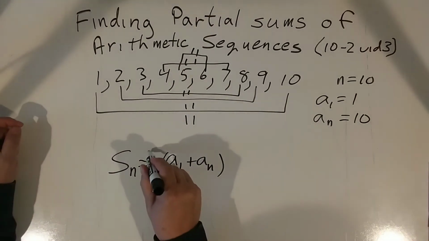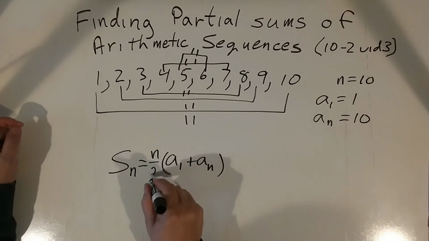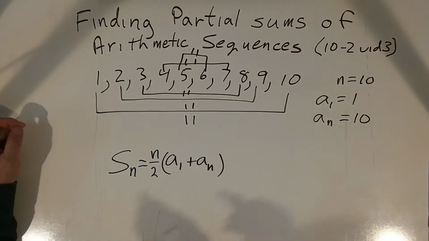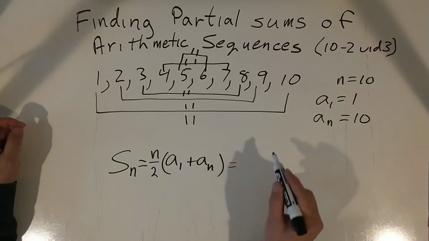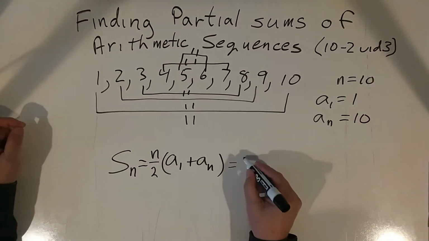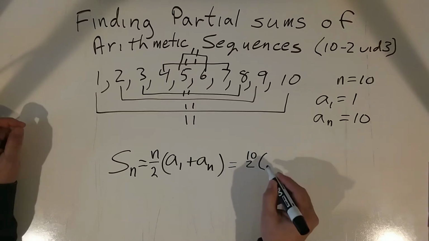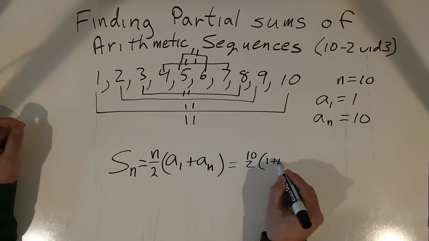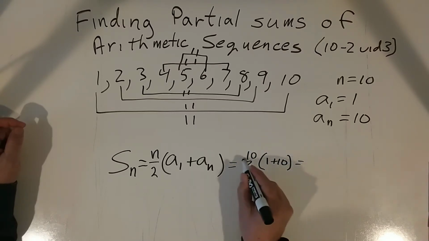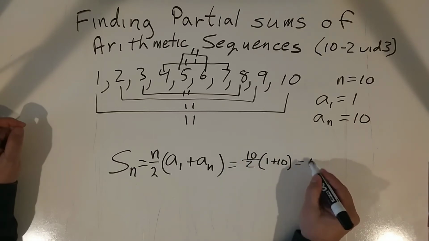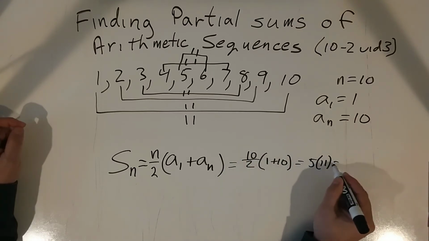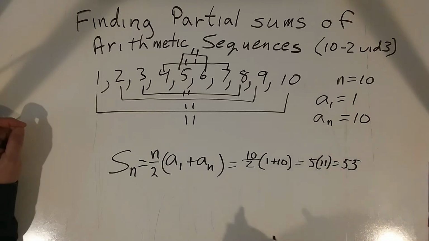So that means I take the number in the sequence and divide by 2. In this case, that gives us 10 over 2 times 1 plus 10, which is 5 times 11, which is 55, the sum.